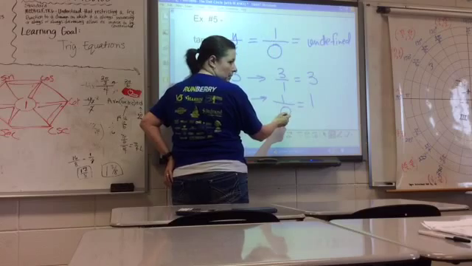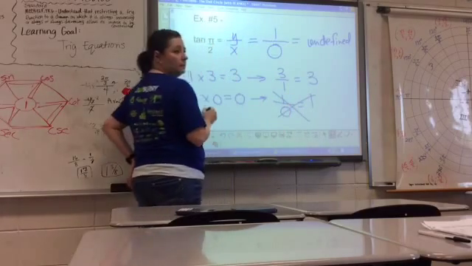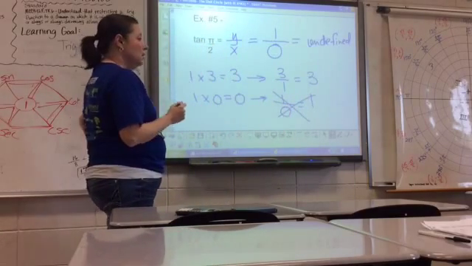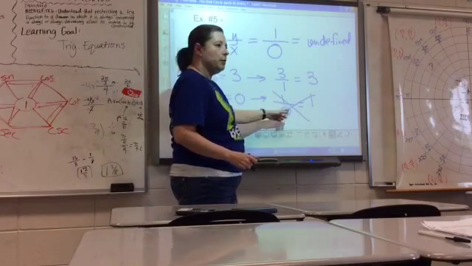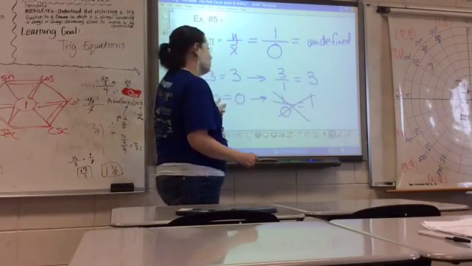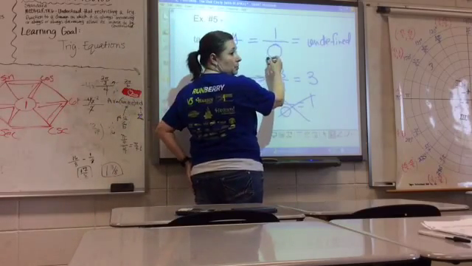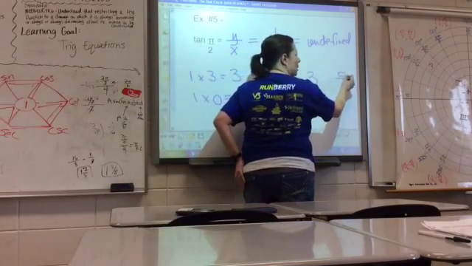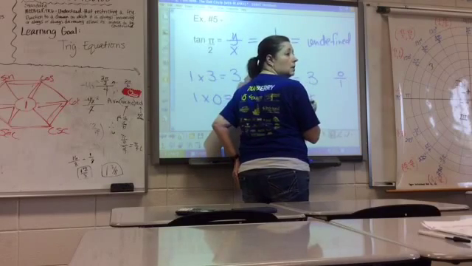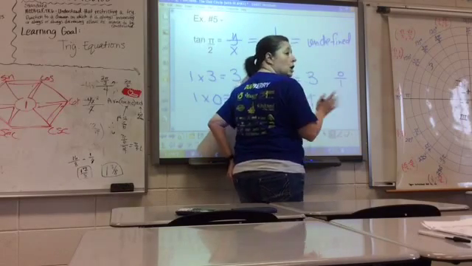But that doesn't happen. 1 divided by 0 can never equal 1. This is why they teach you way back that you cannot divide by 0. What if it was the other way? What if it was 0 over 1? 0. So watch for that.